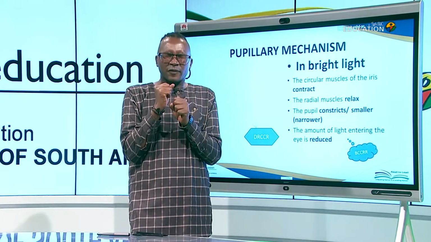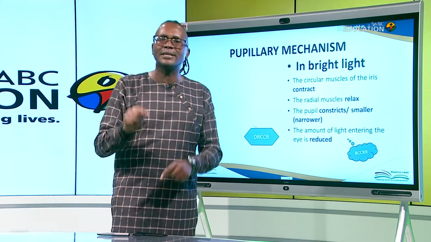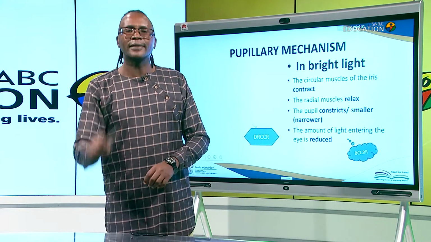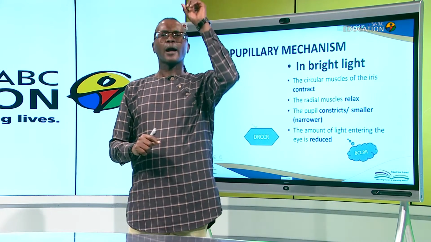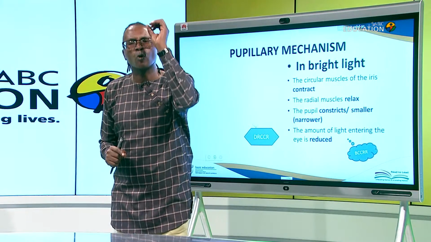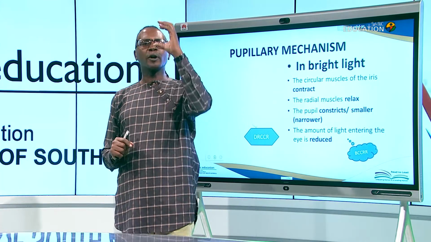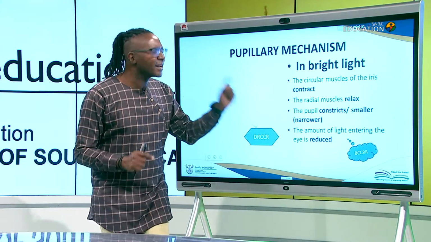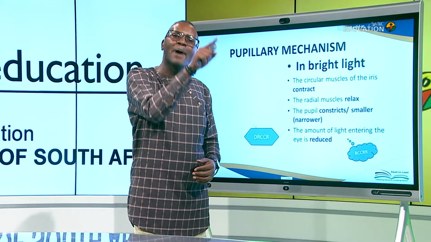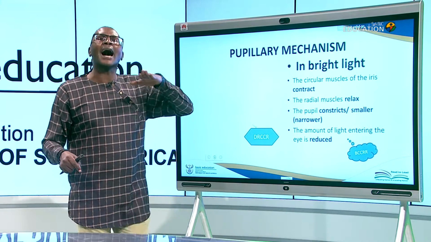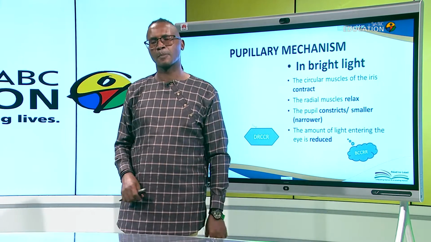That's why sometimes you feel like closing your eyes, because too much light will damage the retina. So that's what's happening during the day. For the pupil to become smaller, the radial muscles must relax and the circular muscles must contract. Then the amount of light entering the eye will be reduced.